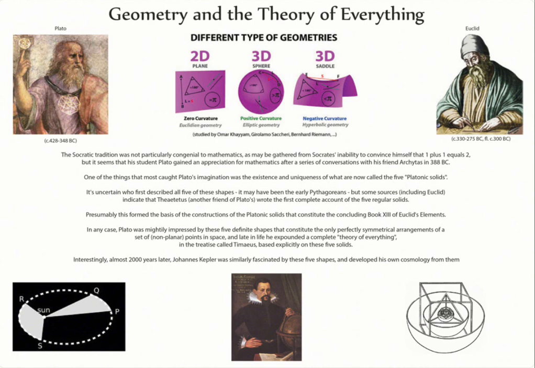Euclid's probably the most famous of all the mathematicians of Greek times. He developed 13 books called the Elements, which we'll discuss later. But in general, mathematics is the formal language used to describe the geometries.